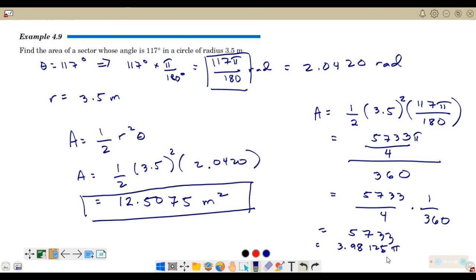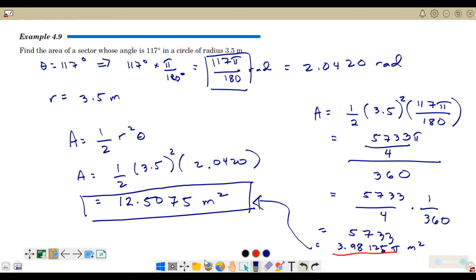Or if you multiply it by pi, you will still end up with this value. Okay? So, either way, they are both correct. So, you can either give me the exact value, 3.98125 pi, or this one, the approximated value, 12.5075 square meters.